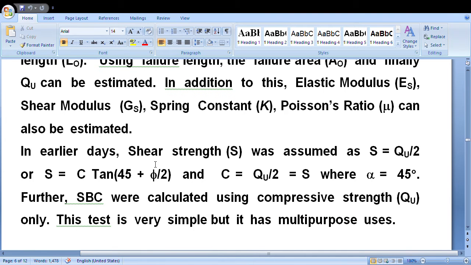In earlier days, shear strength S was assumed as half the compressive strength. That is S equal to C tan 45 plus phi by 2.